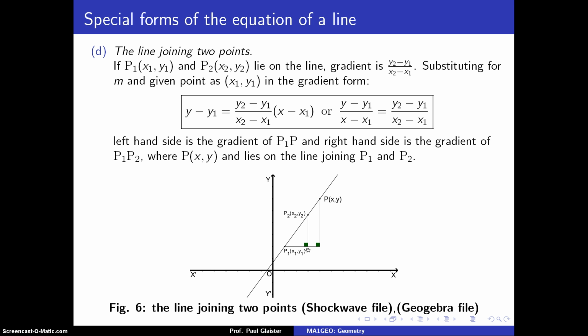In other words, m is y2 minus y1 divided by x2 minus x1, and so the equation of the straight line that we had before simplifies to this, or on rearrangement we have this, which is the obvious fact that the gradient as determined by the two fixed points P1, P2, which is this ratio, is the same as the gradient of any line segment starting at P1 to a point P, which is this ratio.